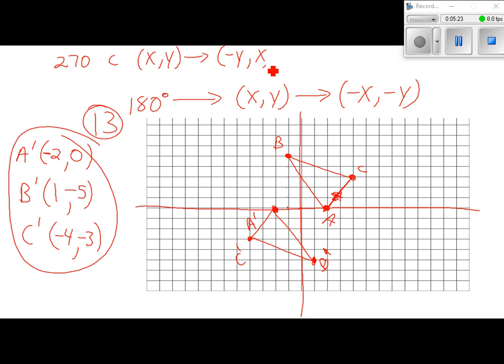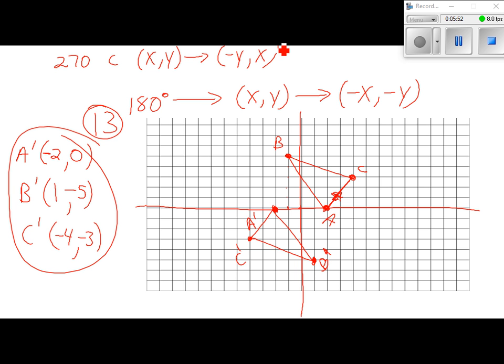And Kellen, I will tell you this: if I rotate 270 degrees clockwise, it's the same as 90 degrees counterclockwise. So if you got 90 degrees counterclockwise, look at it and it should be the same rule.